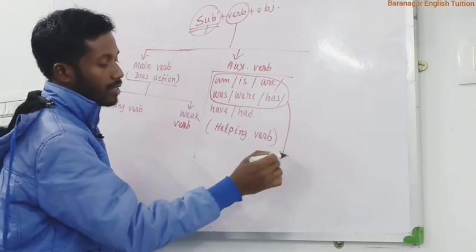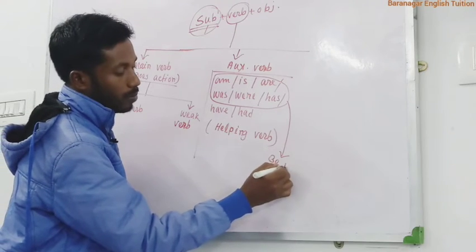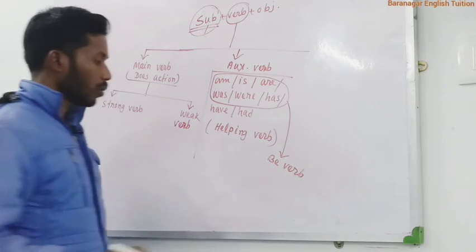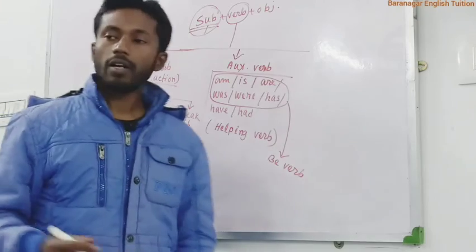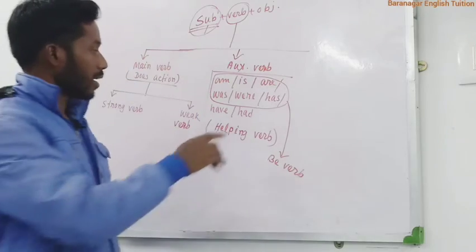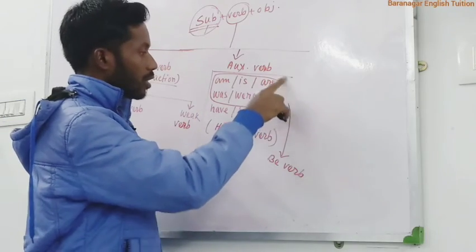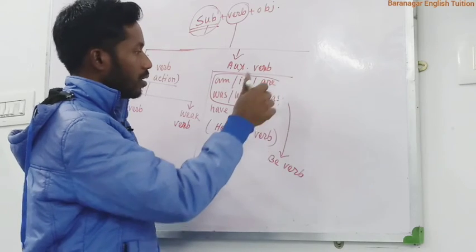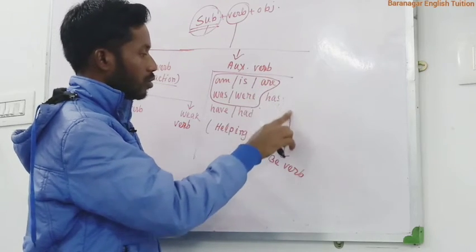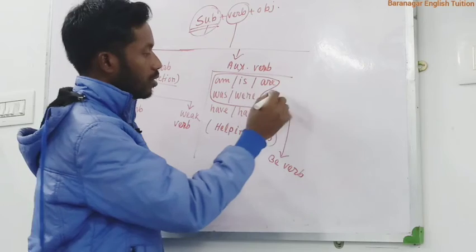But now take this part, am, is, are, was, were. This part is known as be verb. Not has, sorry, just this one.